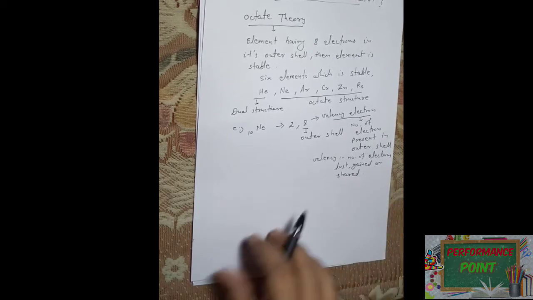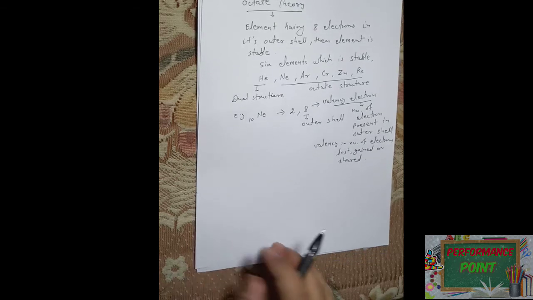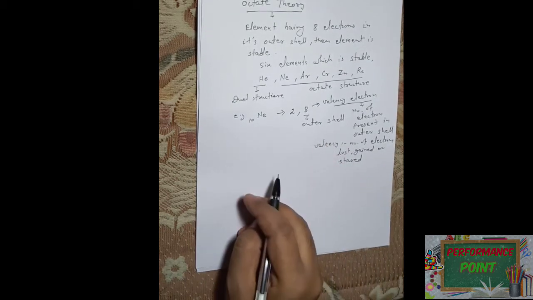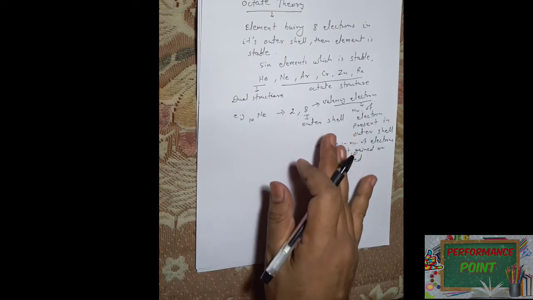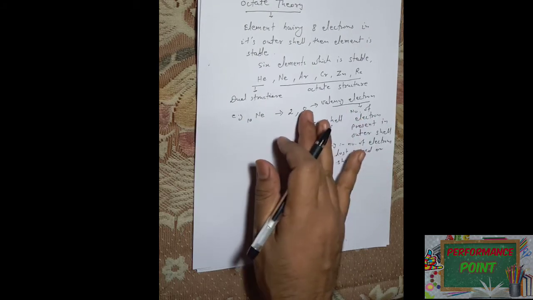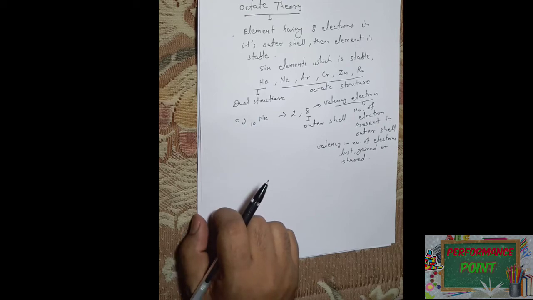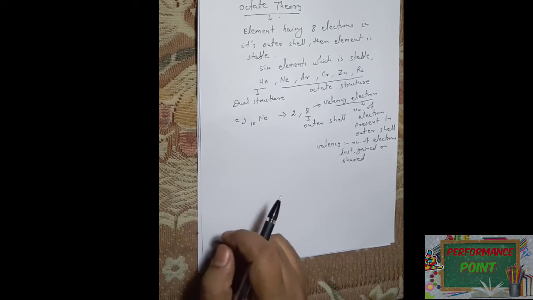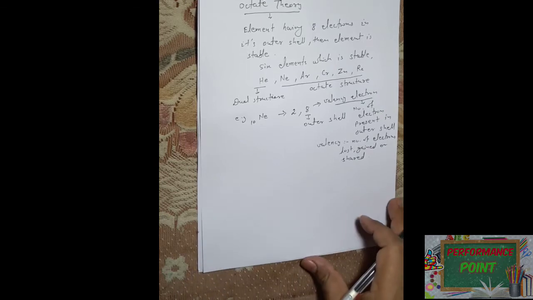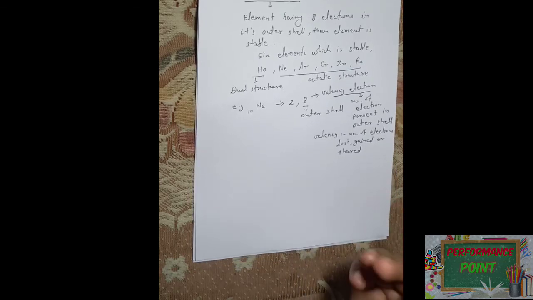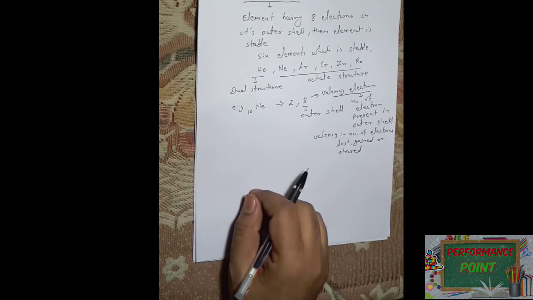Now, the question is, do you know that if the valence electrons are 8, the element is stable, but there are only 6 such elements, so what will the other elements do?